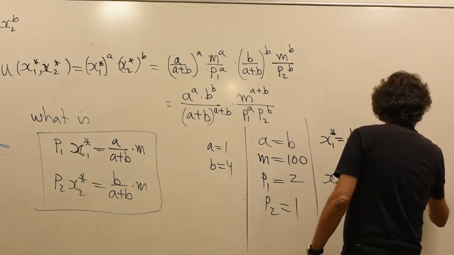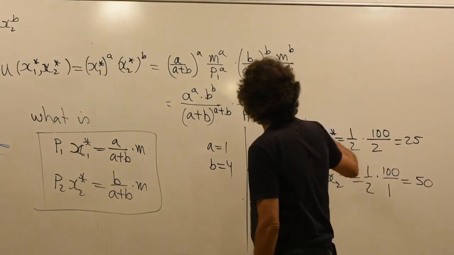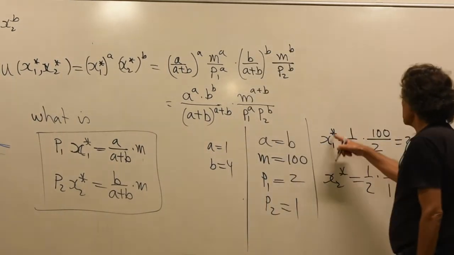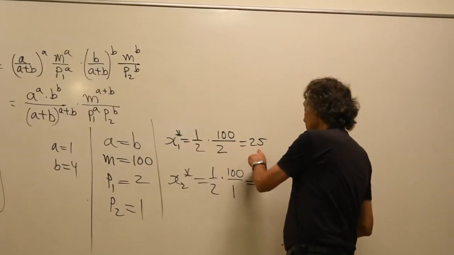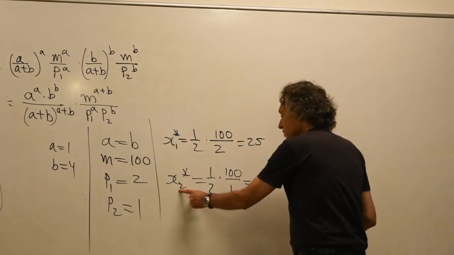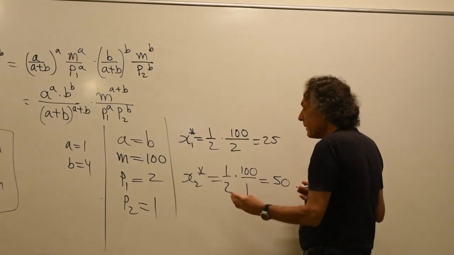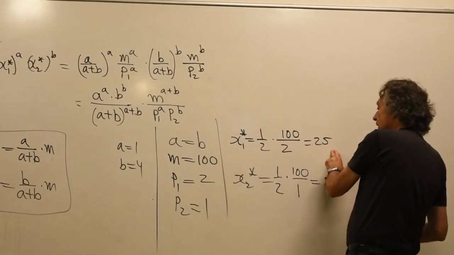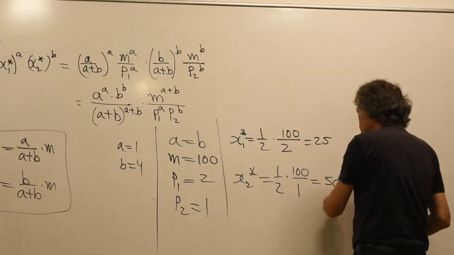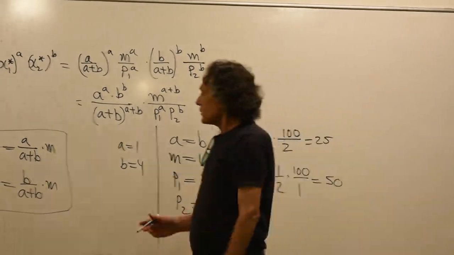So this is 50. So the number of units of good 1 that I'll take is 25, and the number of units of good 2 will be 50, but I'll spend the same amount, because 2 times 25 is 50, 1 times 50 is 50, so I'm going to split evenly.